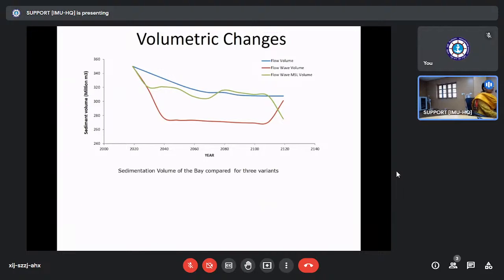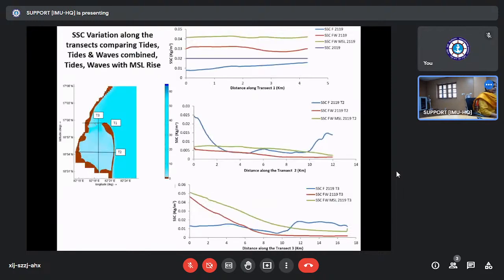With tides alone, there's a slope. With the flow wave volume, there is a steep decrease in the volume. Thereafter, the bay has attained a quasi-equilibrium stage, and thereafter it is increasing again. Then flow wave MSL volume shows that the sediment volume is still higher with the increase in water volume, the increase in MSL.